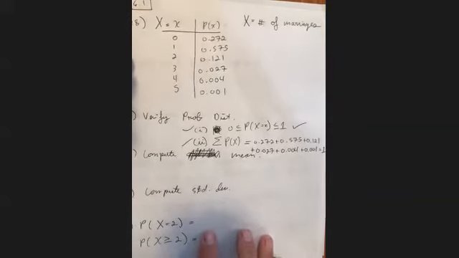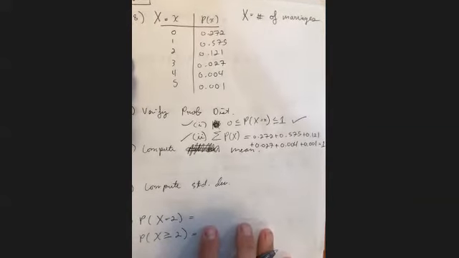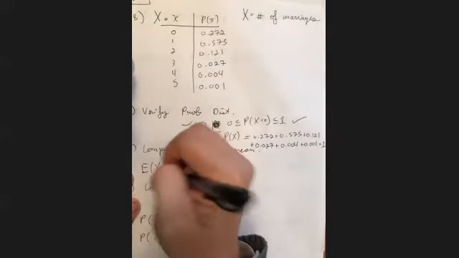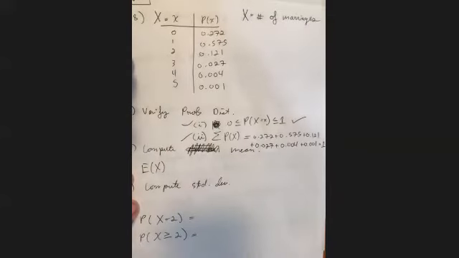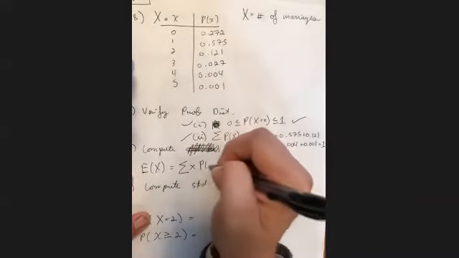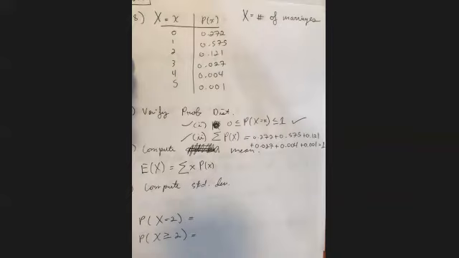All right. Once we have verified we have a probability distribution, let's do a few things with it. First, we want to compute the mean. Computing the mean means computing the expectation of X, which remember is the sum of the values times their probabilities.